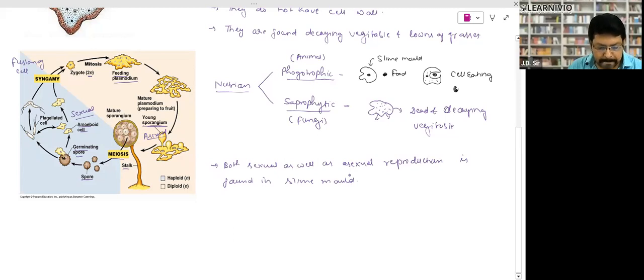Right. This is all about this slime mold.